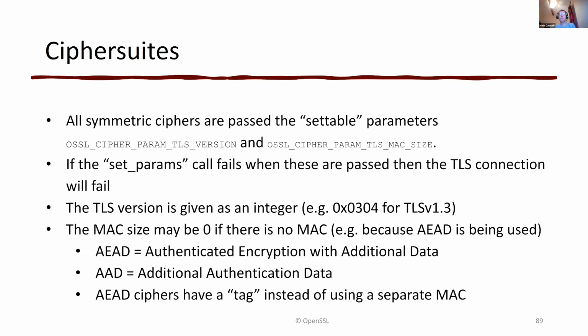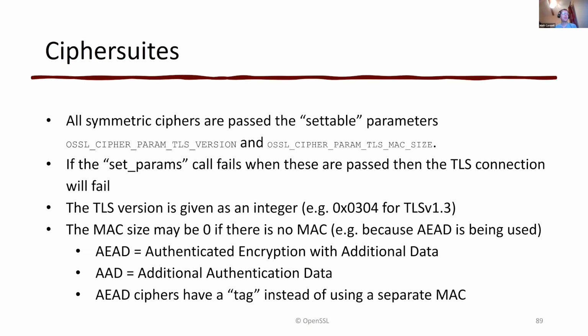If the set param call fails when it tries to set those parameters, then the TLS connection will fail, which is why you need to be able to support them. The TLS version is given as an integer value. So TLS 1.3, for example, is the value 0304 in hex, and that's as it's defined in the RFC.